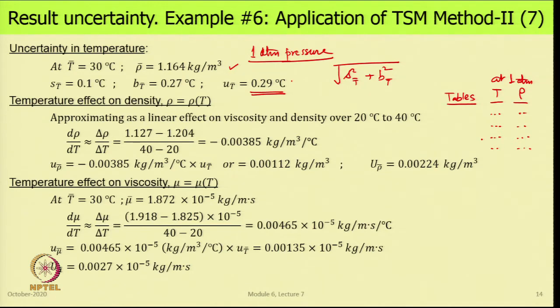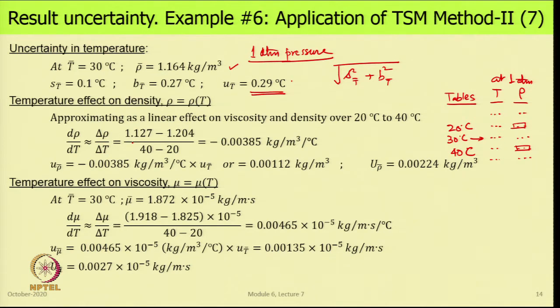So, this is 30 degrees Celsius, and the next few entries are there. We take one lower temperature, which is 10 degrees below this, 20 degrees Celsius, and another 10 degrees above, which is 40 degrees Celsius, and then we read out the corresponding values. There we have d rho by dt, which we approximate as delta rho by delta t.